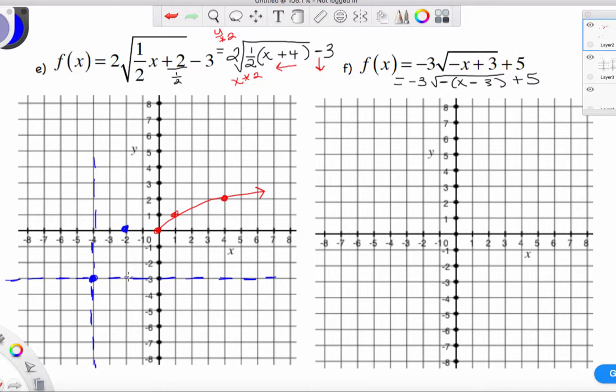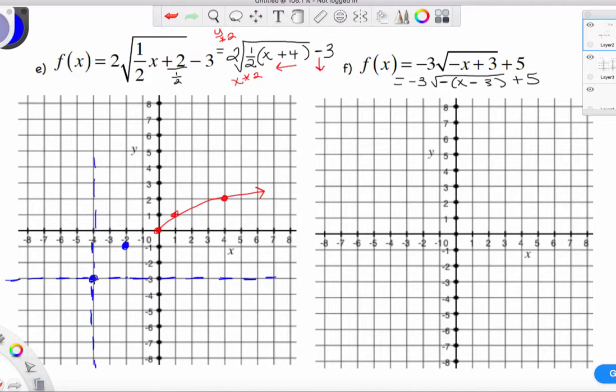So instead of over 1, we go over 2. Instead of up 1, we go up 2. I think I just put that in the wrong spot. So instead of going over 1, we go over 2. Instead of going up 1, we go up 2. It's double on both. All right, and then normally we go over 4, up 2, but we're going to double each of those movements.